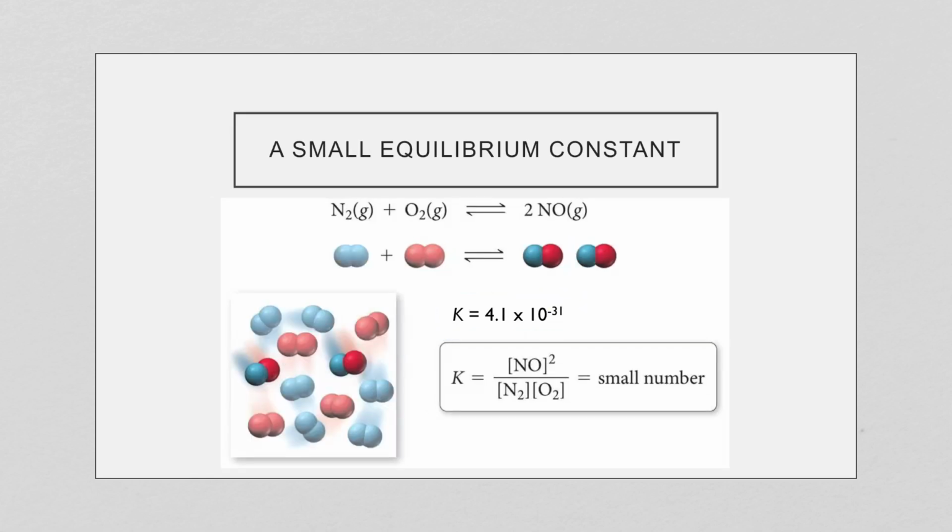Take a different reaction, like N2 plus O2 goes to 2NO, and we see a very small K value, to the negative 31st, which indicates that the values on the bottom, the reactants, are going to be much larger than the concentrations of the products on the top, resulting in a very tiny number.